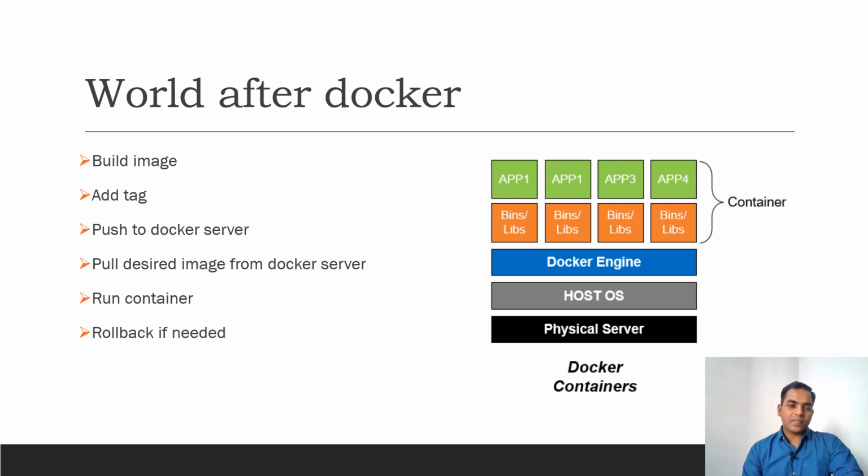Earlier, if one configuration was missing, it would not run, so managing configuration was very challenging, and environment differences were very challenging. But post Docker, because it shares the same operating system and packages all dependencies, that problem is fully solved. It is very fast and it moves only the changes made in the recent code.